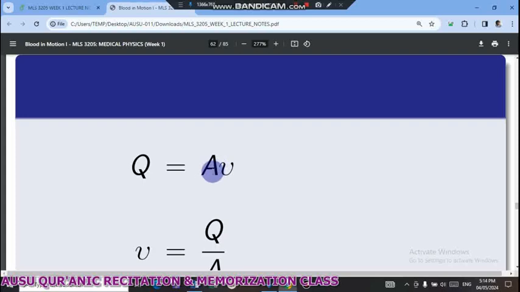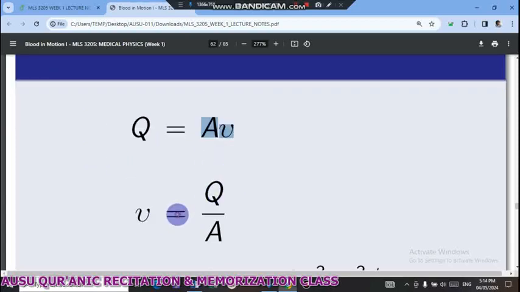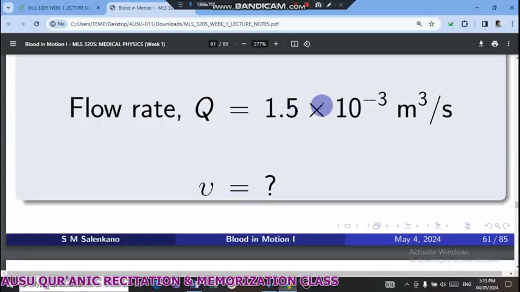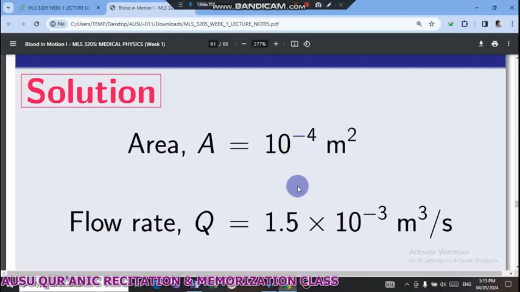If it is the cross-sectional area I want to find, again I will divide my flow rate by the other quantity V. But now I want to get V, so I will divide Q by A. So my V equals Q divided by A. Here is my Q. I will take it and divide by the A.